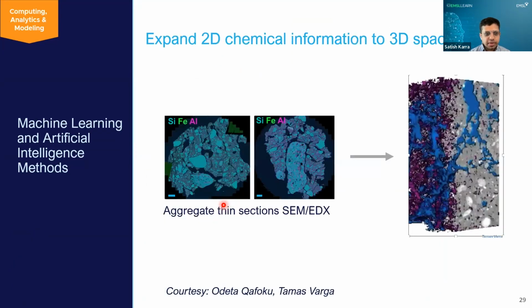Another example of AI/ML that's of interest is the mapping of, for example, 2D chemical information to 3D. This is something Odeta highlighted in the previous part. I'm just showing you an example where one of the aspects is to use the information from 2D geochemical electron microscopy images and map it to 3D pore structures using AI or ML techniques.